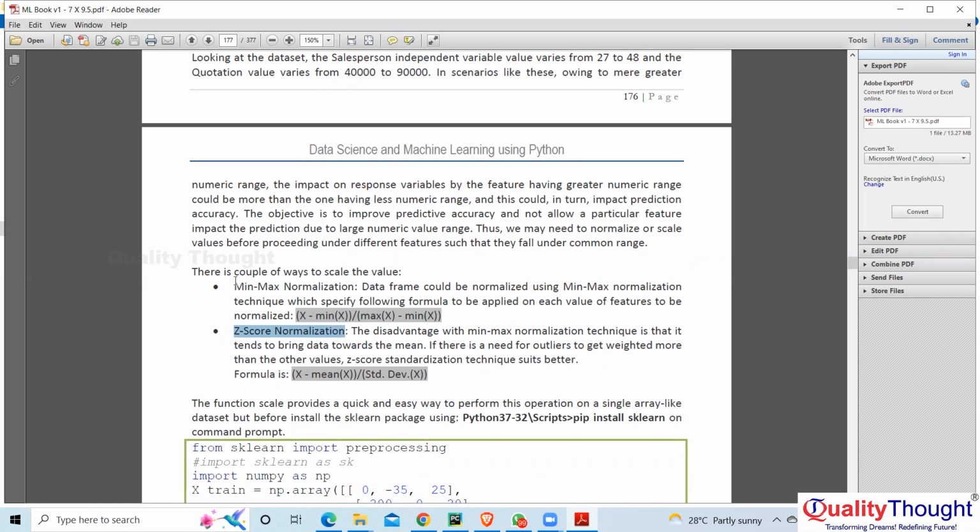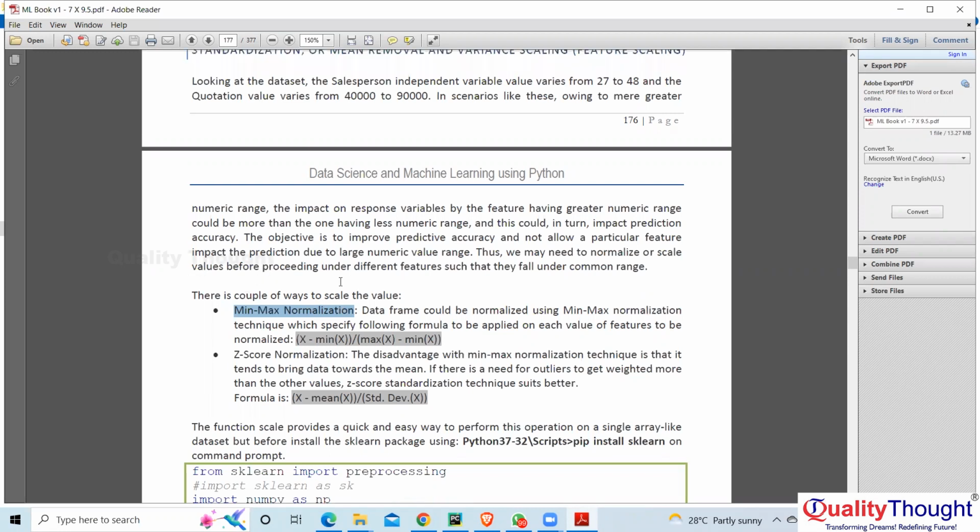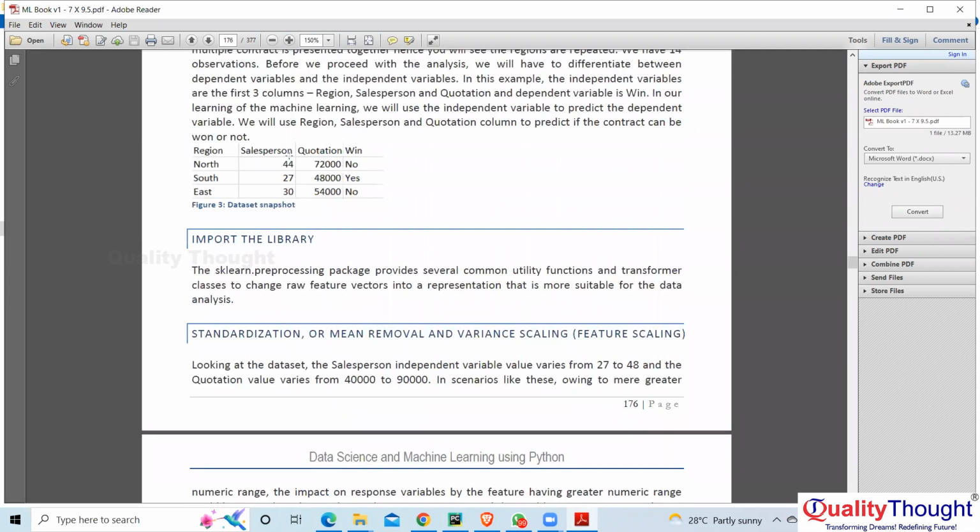In min max, the values range from 0 to 1. All the values that you have are converted to a range between 0 and 1. If you take these values here, 44, 27, 30, what is the minimum value? 27. So 27 will be converted to 0.